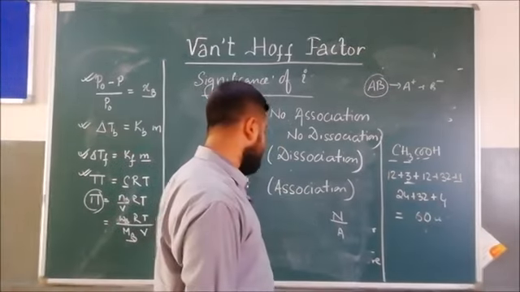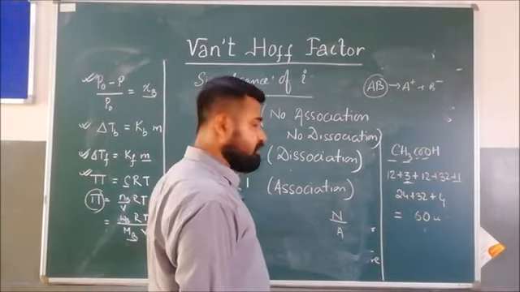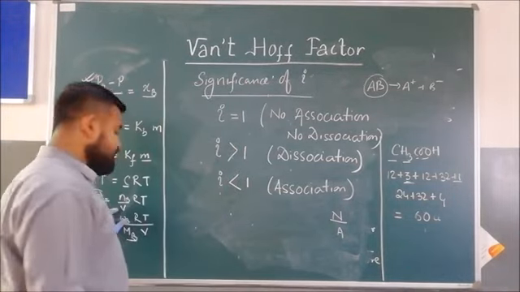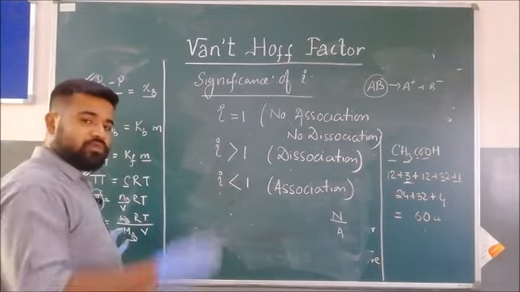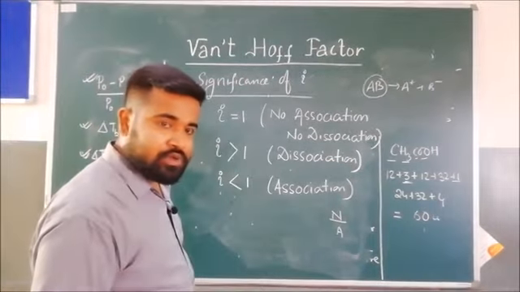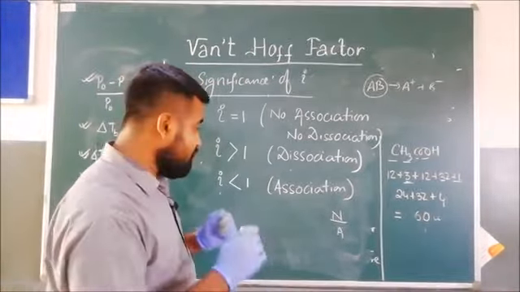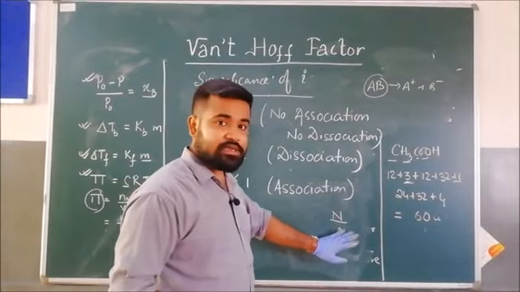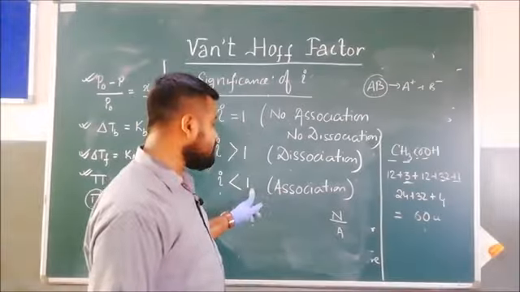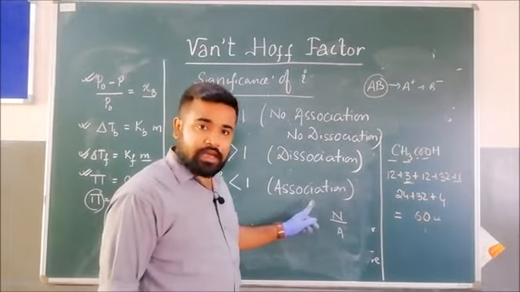But if there is association, the number of particles is decreasing. It means the molar mass will increase, so that the osmotic pressure remains the same. When the abnormal molar mass increases, the i value will definitely be less than 1, and that is association.